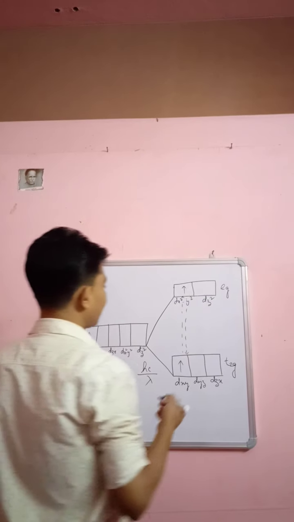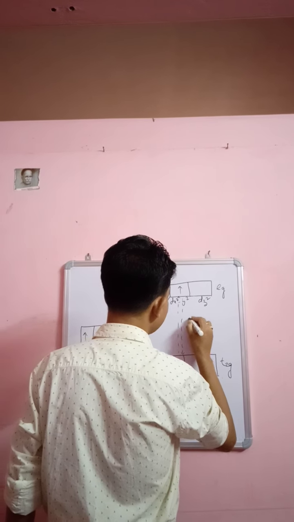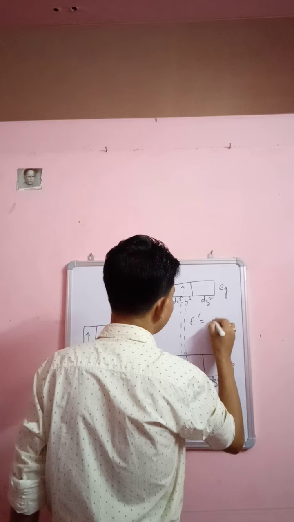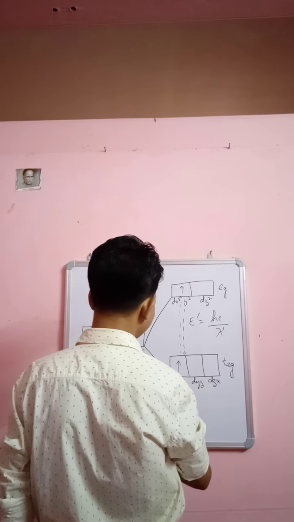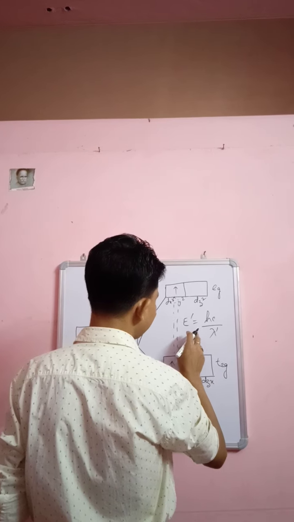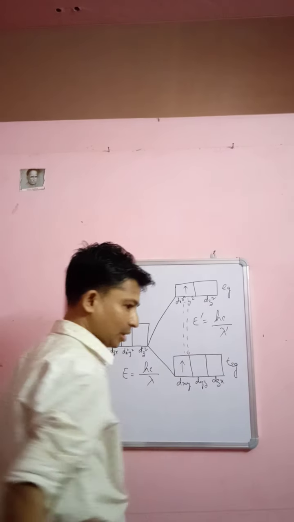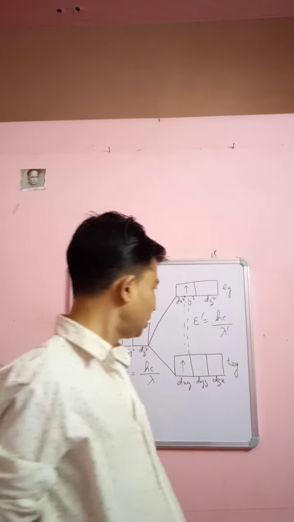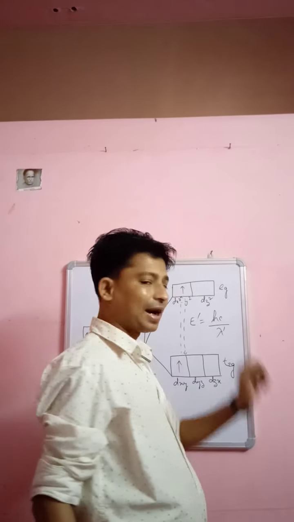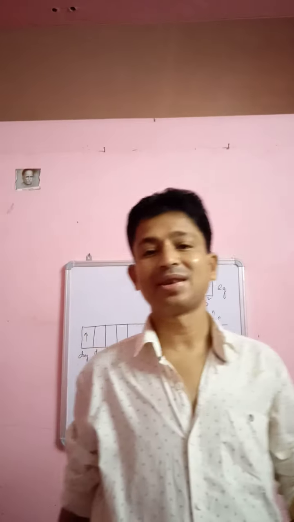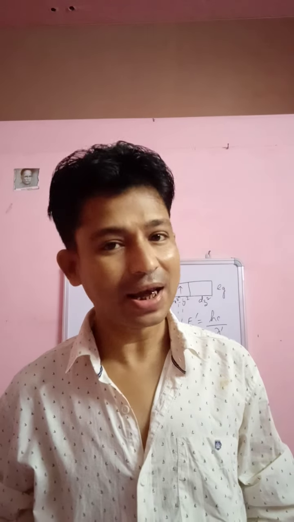At the same time it releases the corresponding wavelength of light. If it was E equal to hc by lambda, I am writing here E dash equal to hc by lambda dash. This released energy or wavelength of light is seen by our naked eyes as the colored compounds.